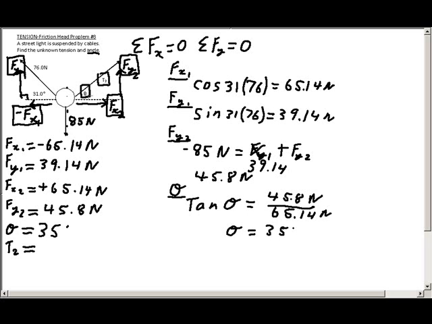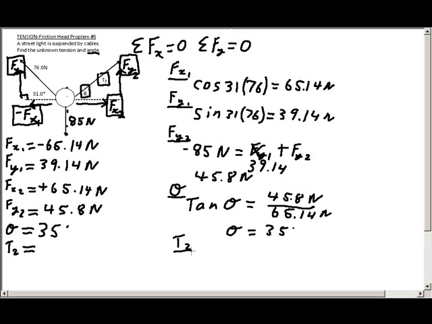So now we know theta. The last thing is exactly how much tension is over here on the right. We could take a couple of approaches. We could do it using trigonometry. We can also use the Pythagorean theorem, where a squared plus b squared equals c squared. And just for kicks, let's take that as our approach.